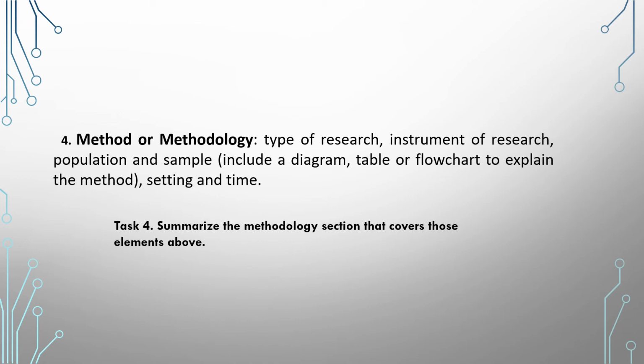And then also the instruments of the research, population and sample, including a diagram, table, or flow chart to explain about the method, and also setting and time of the research. The task that you need to do for this part is summarizing the methodology section that covers those elements above, like type of the research, instrument of the research, population and sample, setting and time.